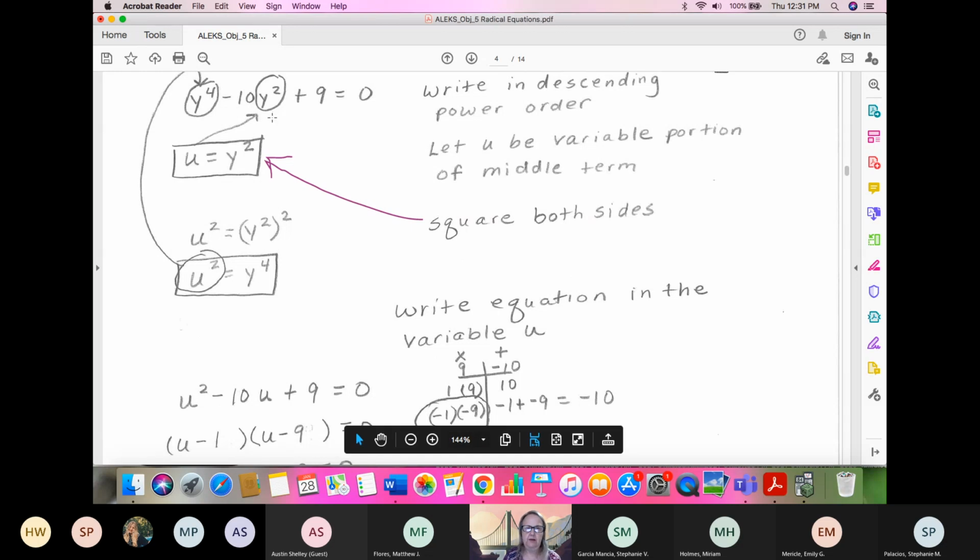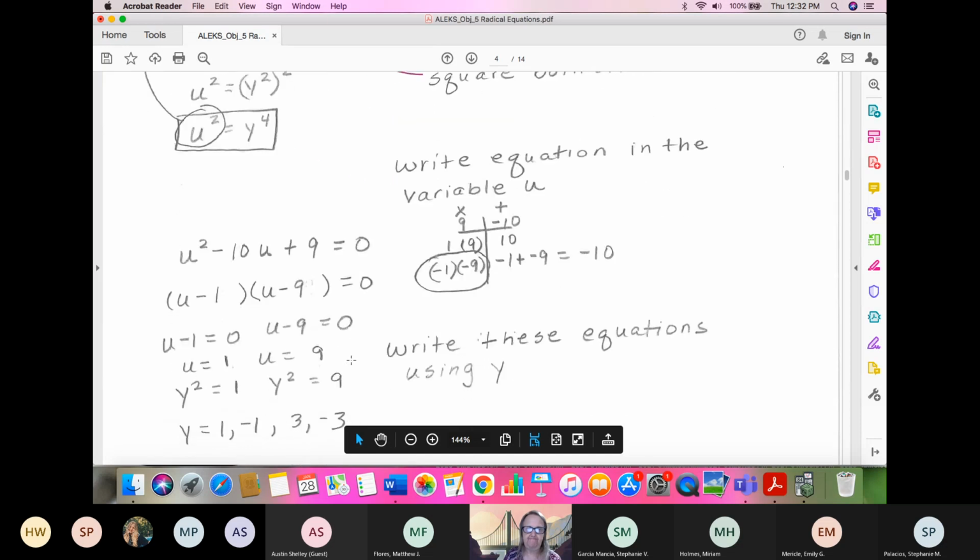This y squared is equal to u. So we're going to take out the y squared here, and we're going to put u in its place. So u goes where this y squared is, and that would be after the 10. So we get 10u. And then plus 9, we just write that down, equals 0.